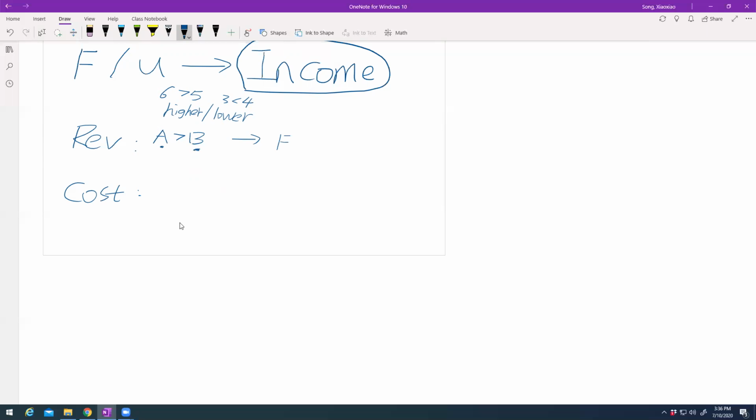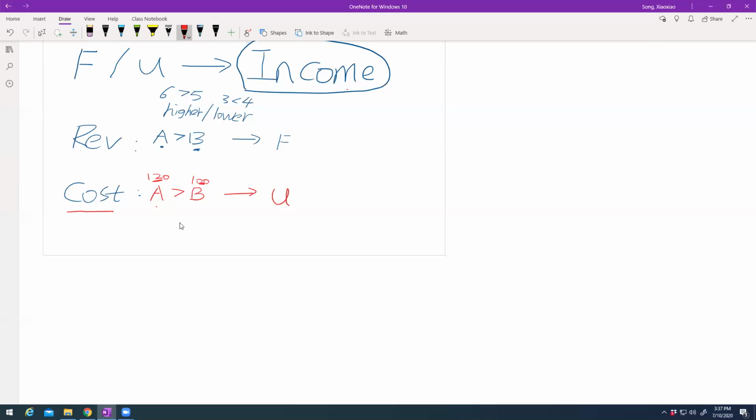But if you talk about cost, you thought you would spend $100, but you spend $120. Now you will say, your actual 120 is more than 100, so will this be favorable or unfavorable? Actually, this will be unfavorable. Why? Because more cost means you will have a lower income.